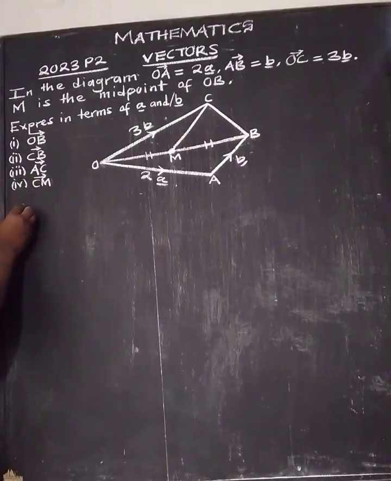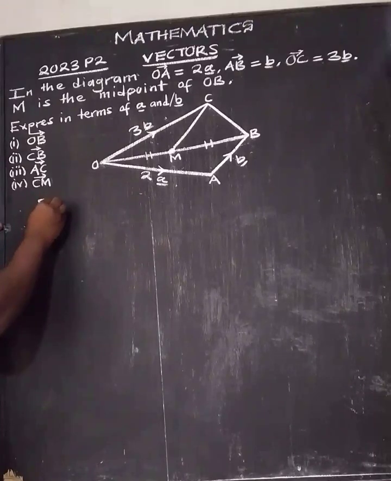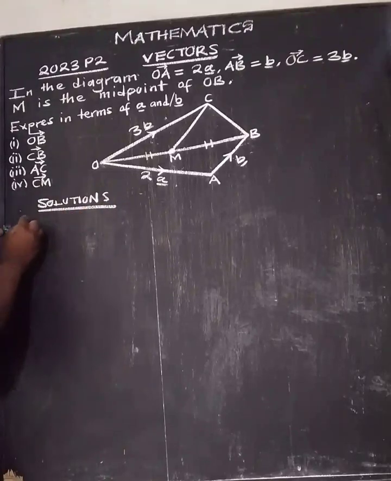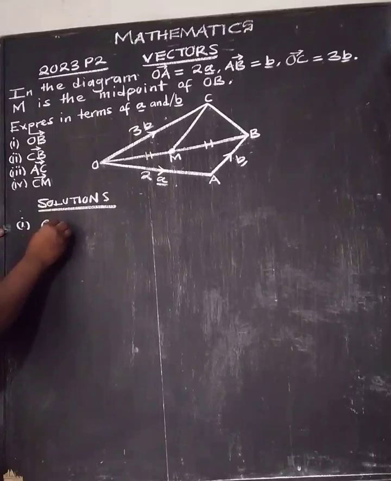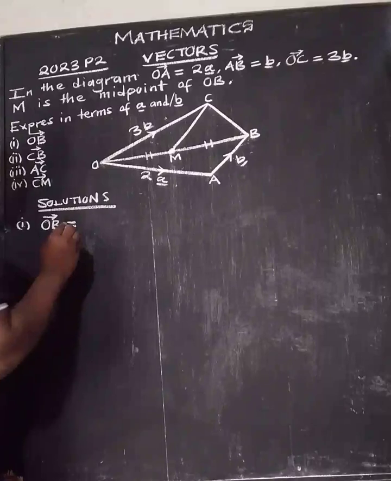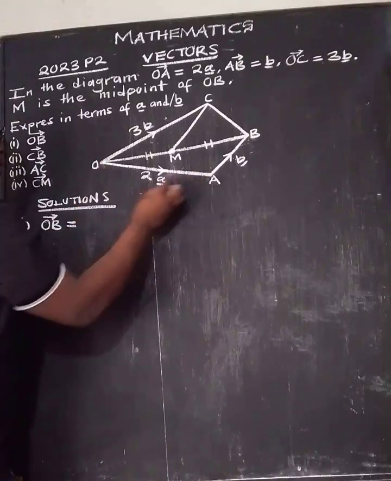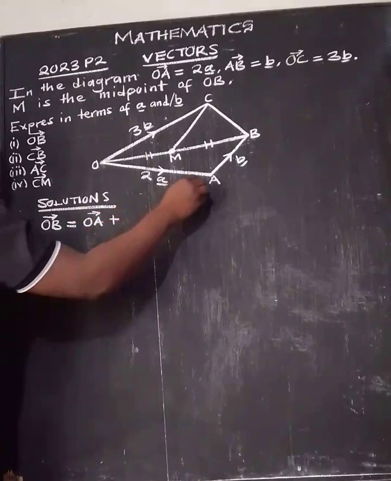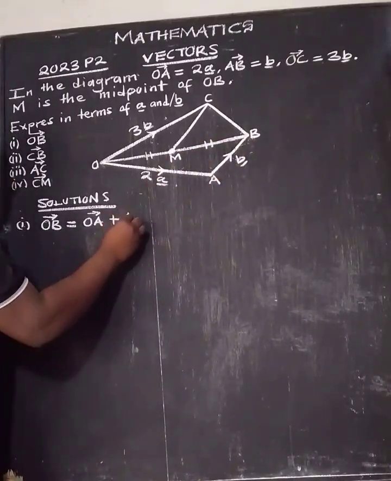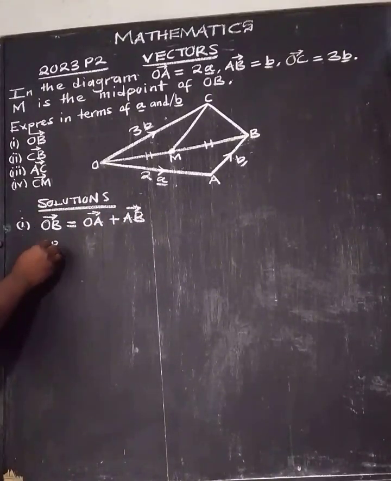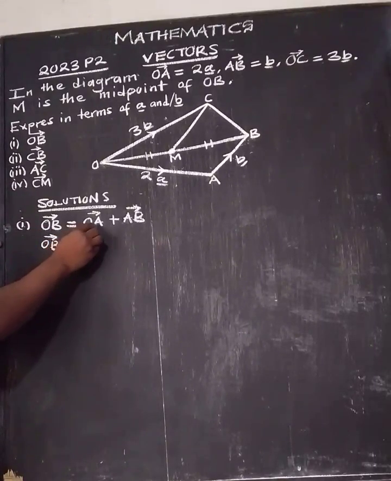So Roman numeral 1, solutions. They want us to find the vector OB. From O to B, we can move like this: OA plus AB. So OB is equal to, what is our OA?